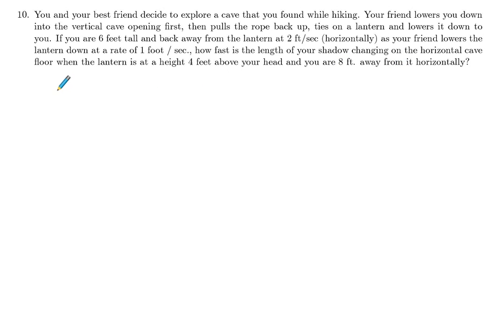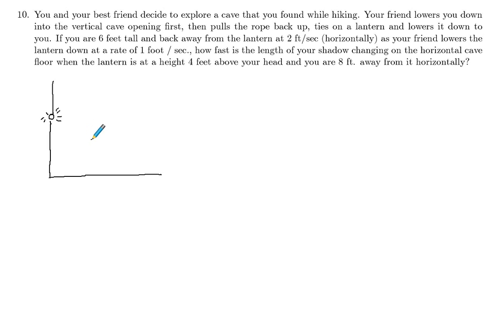Okay, well, let's sketch a picture here. So here's the rope, and you've got the light source on the end of the rope, the lantern. We'll just make it a point light source. Okay, and let's drop a perpendicular down to the cave floor. And let's see here.